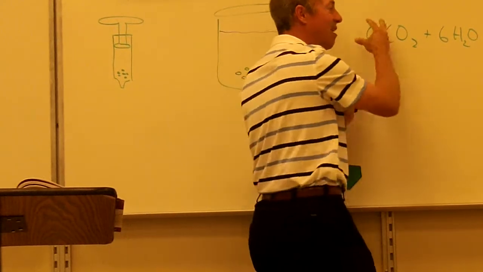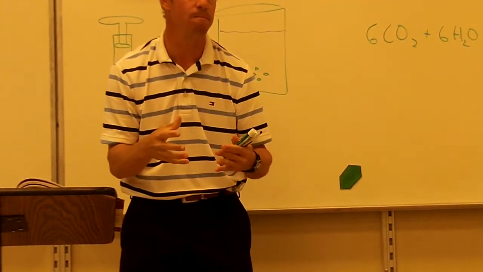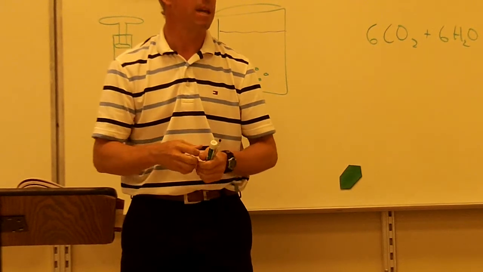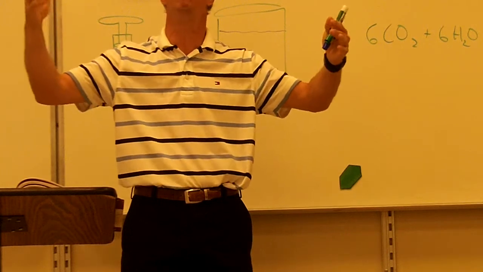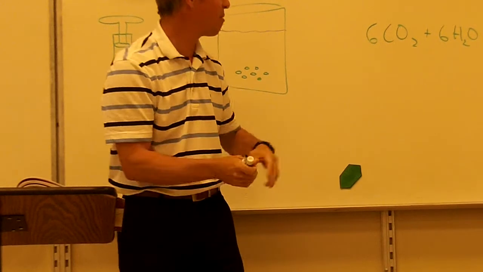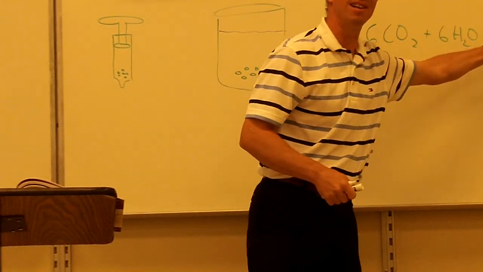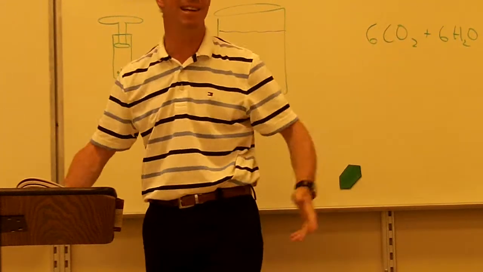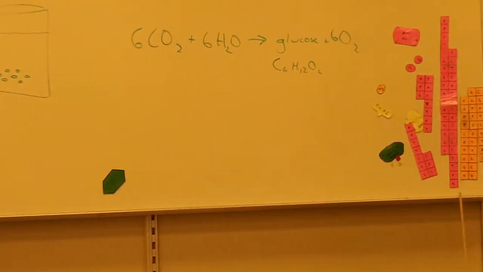It comes out of the air and is made into glucose, which is a solid substance in the tree. And that's why growing trees reverses global warming, because it pulls in that carbon dioxide from the atmosphere. Carbon dioxide is no longer floating around in the atmosphere. It's a solid form inside the tree. It's not going to be trapping any heat and won't be making the earth warm. So that's kind of an important extra thing about photosynthesis.